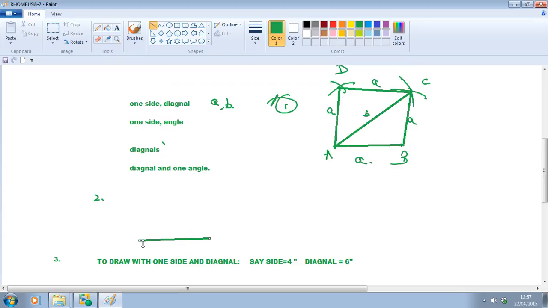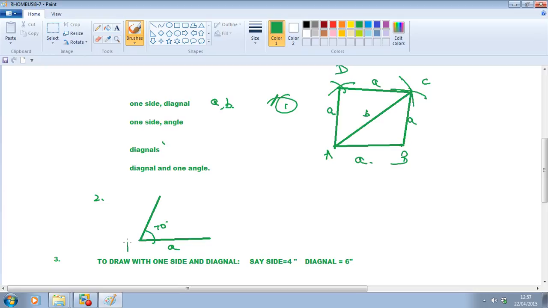Now the angle is given. Let us take the angle as 70 or something like that. We know this angle is 70. You can draw a line.